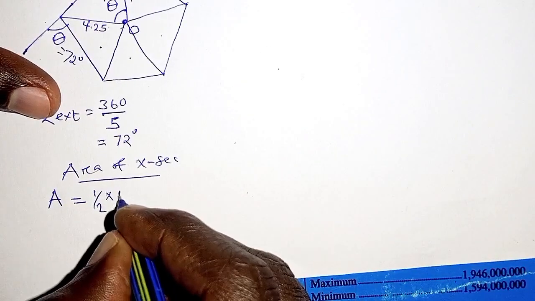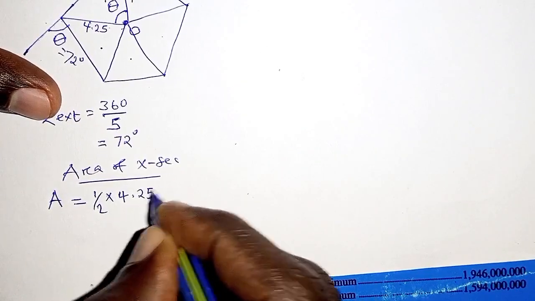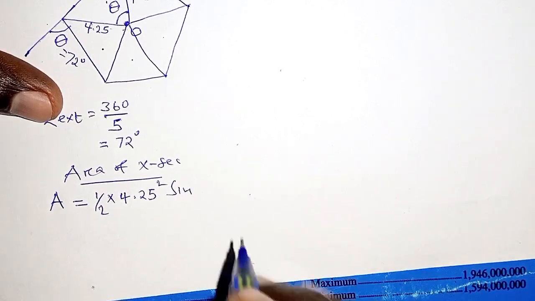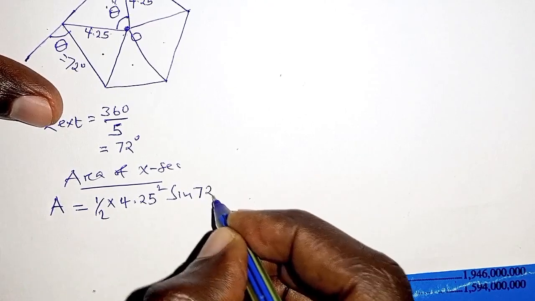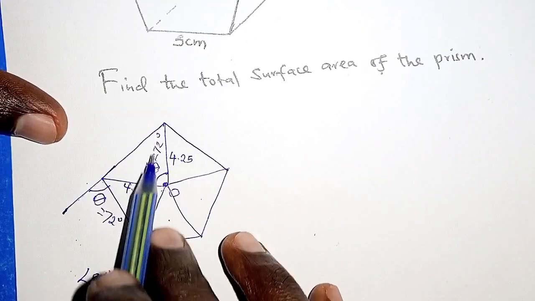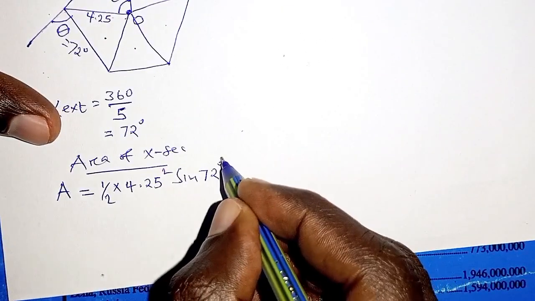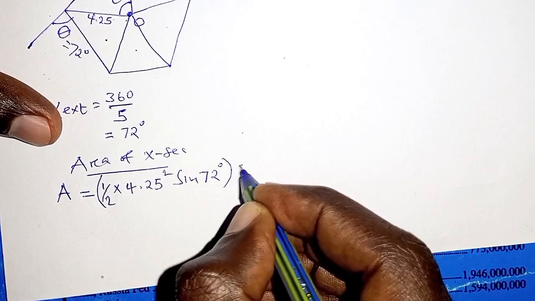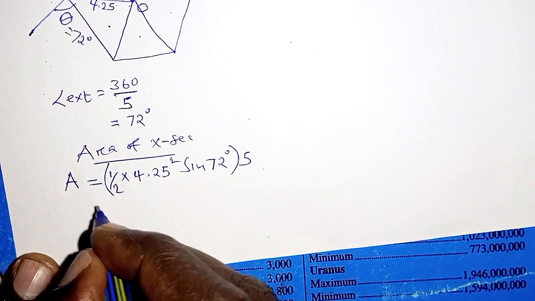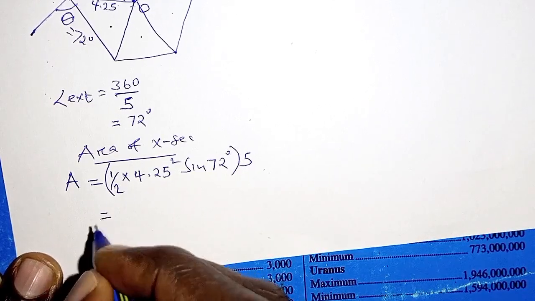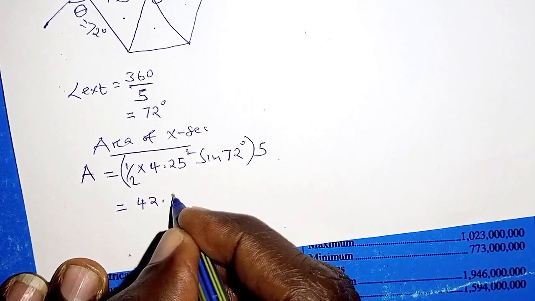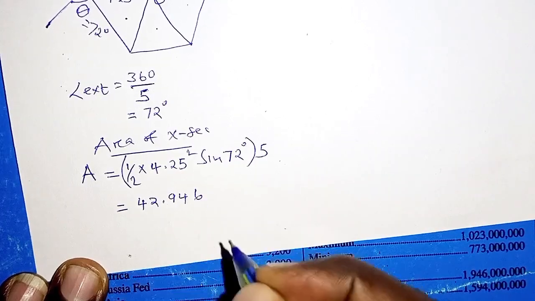So we have a half times 4.25 times 4.25, that is 4.25 squared, and then we multiply by sine of the included angle, which we found to be 72 degrees. Remember, this should be for one triangle, and there are 5 triangles in number. Remember, it's a pentagon, so we multiply by 5. And if we work out this, we should be able to get 42.946.